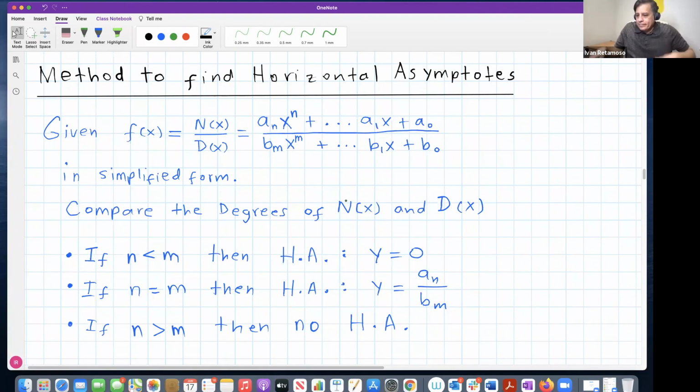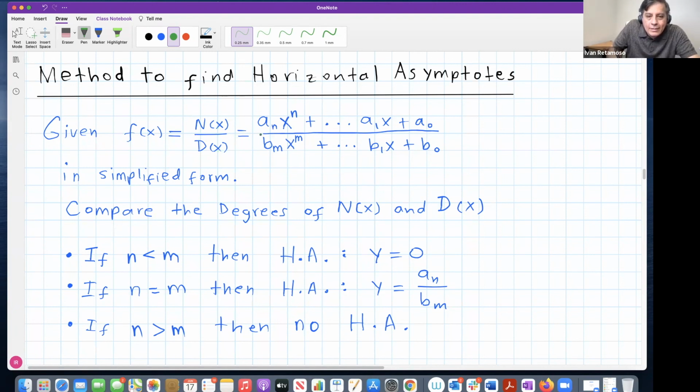All right. For this, mathematicians have developed a method which deals with three possible scenarios for a rational function. If you are given a rational function, it will look like a fraction made of two polynomial functions, one on the numerator, one on the denominator.